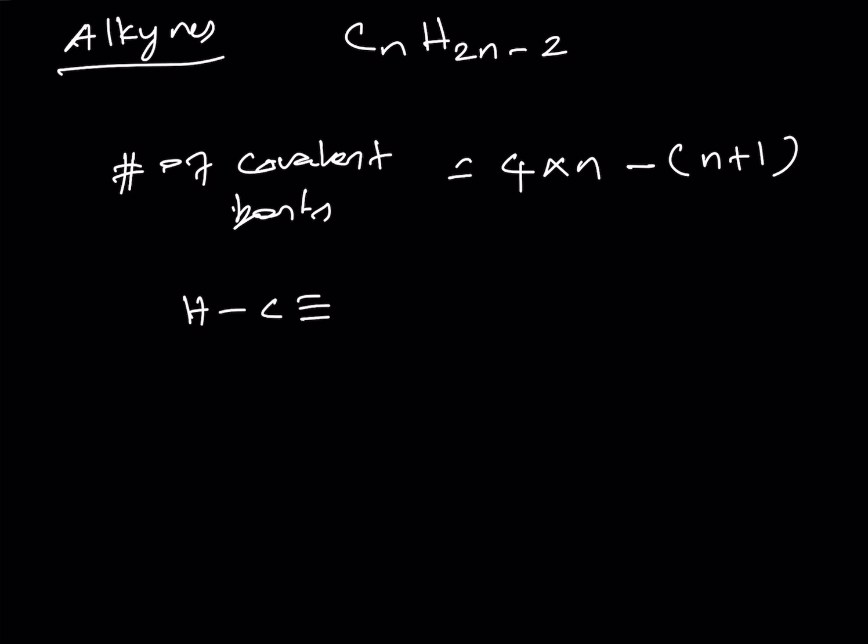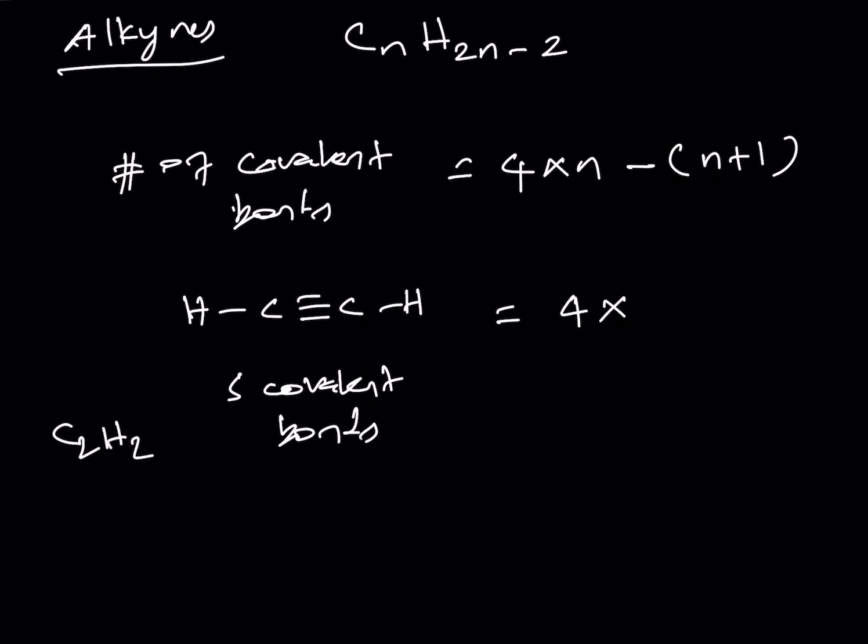Let us say we have acetylene. So here we have 5 covalent bonds. So let's plug in C2H2. So 4 times 2 minus 2 plus 1, 8 minus 3, that's equal to 5. You can verify this with the higher alkyne too.